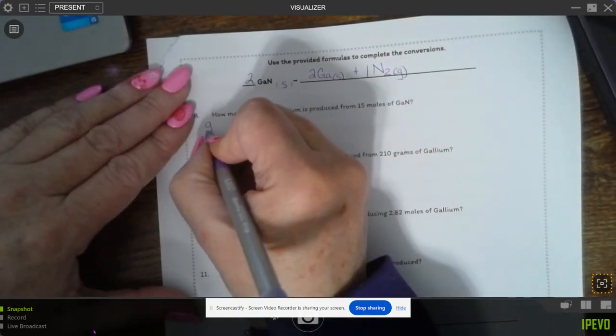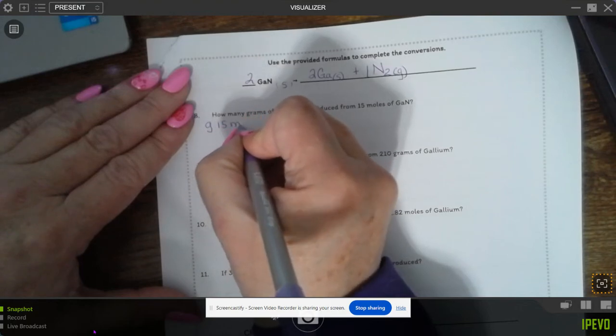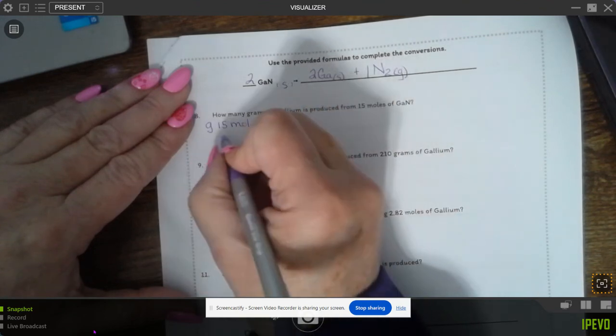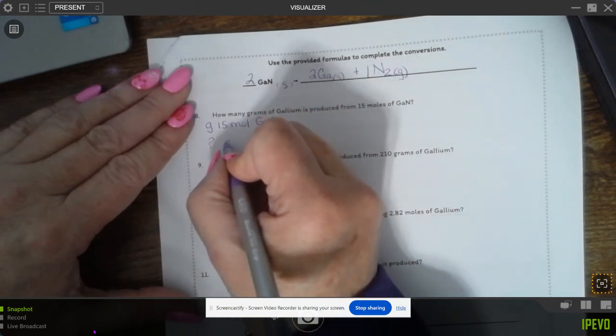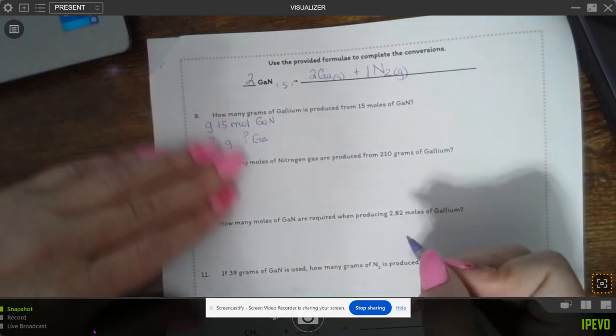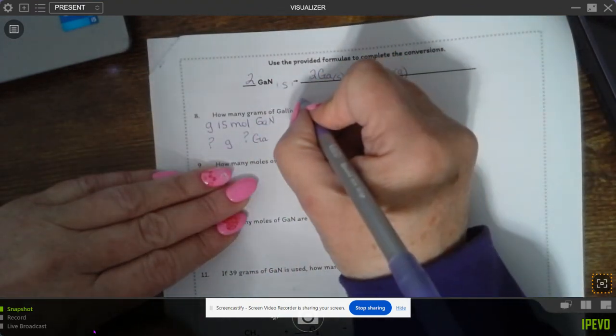So our given is 15 moles of gallium nitride. And we're looking for grams of gallium. Okay. I'm going to write my mole map up here.